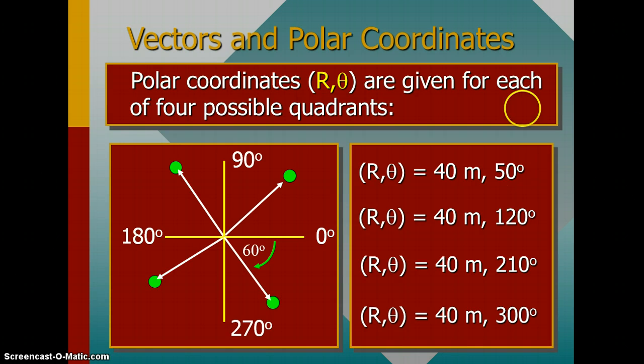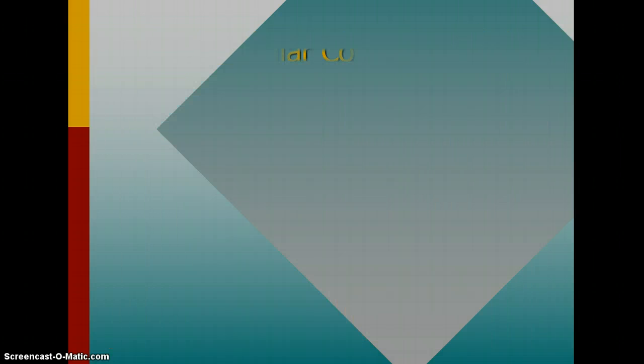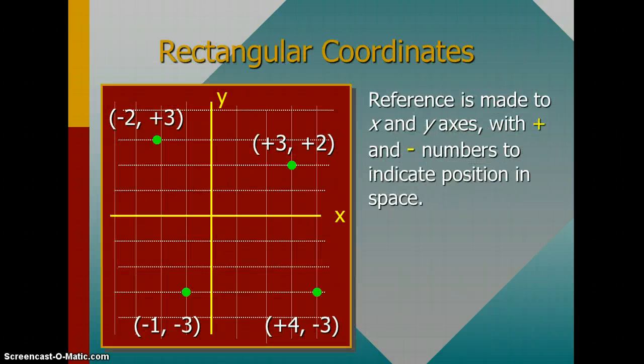All right, and we can count them counterclockwise or clockwise from our plane finishes to where the vector starts. And we can use as well rectangular coordinates like this ones. Reference is made to x and y axis with plus and minus numbers to indicate position and space.